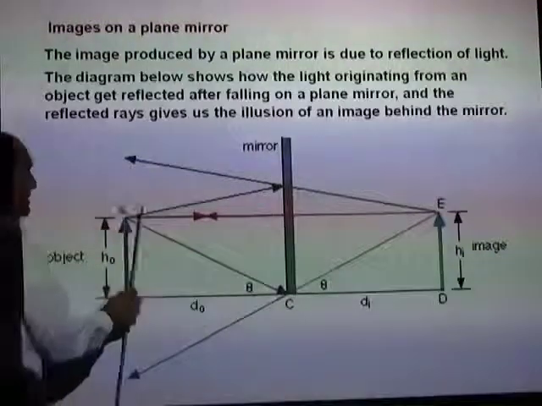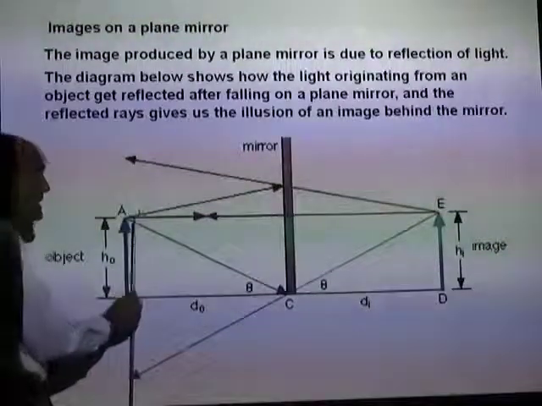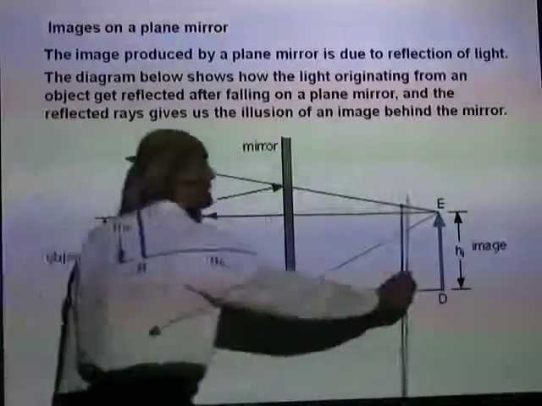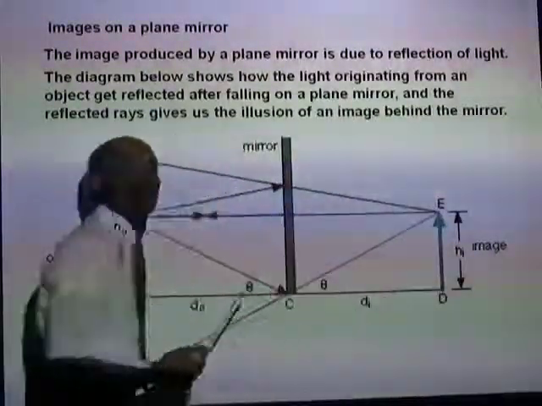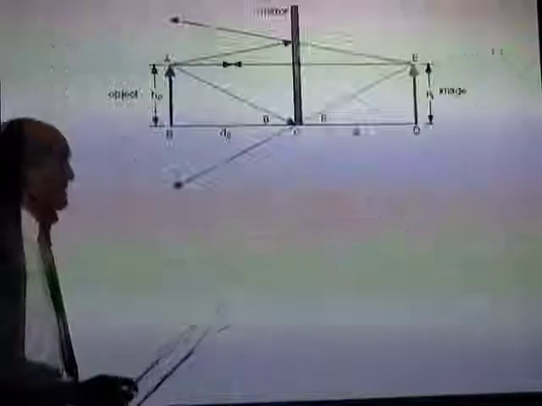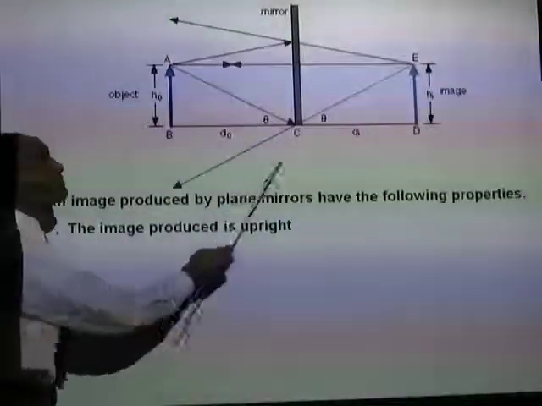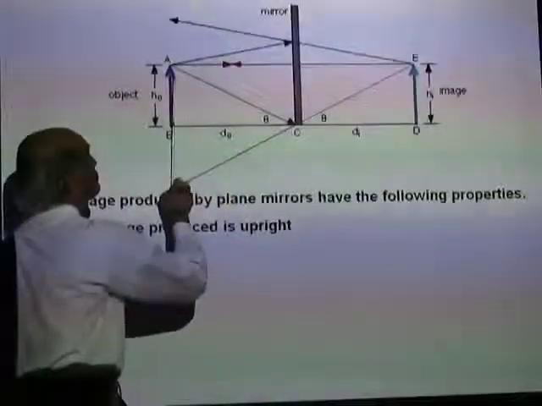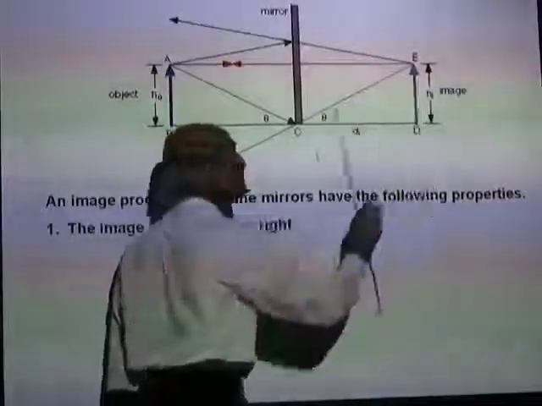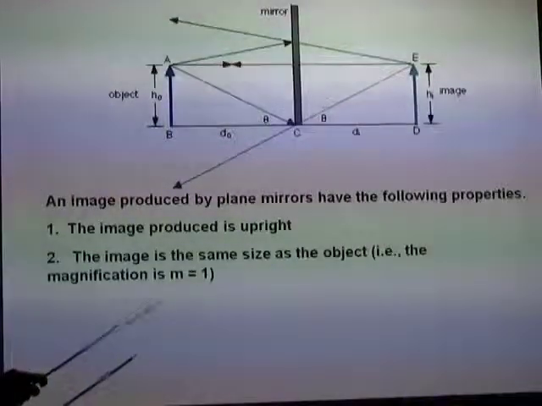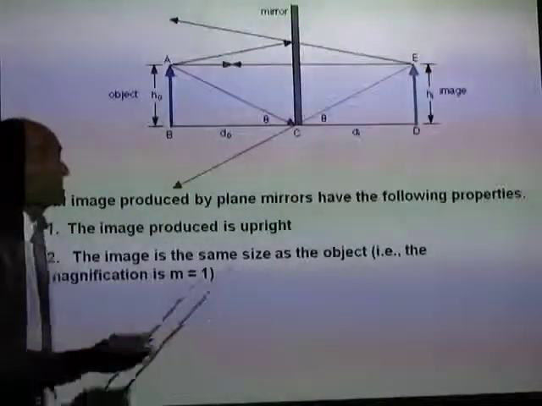That means if you can construct the images of all points describing this object, that will give rise to the image. And now some of the characteristics of the image produced is upright. This is the object, the image is upright. Now the image is the same size as that of the object.